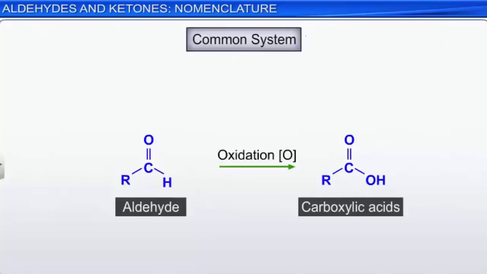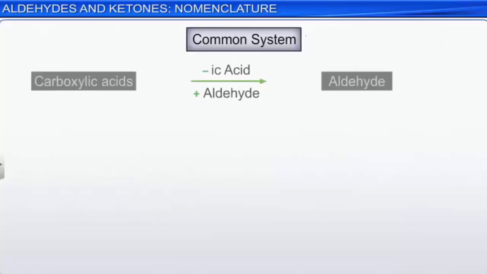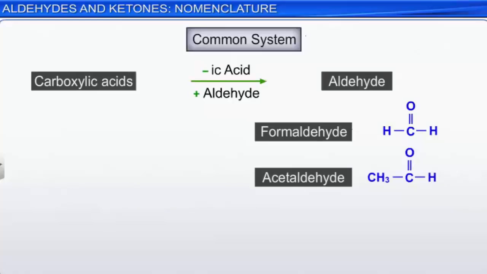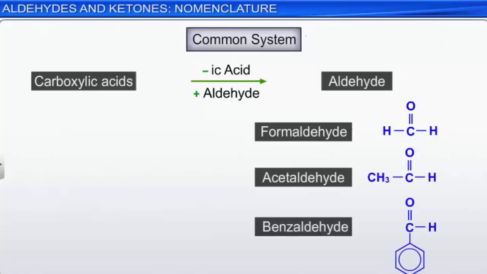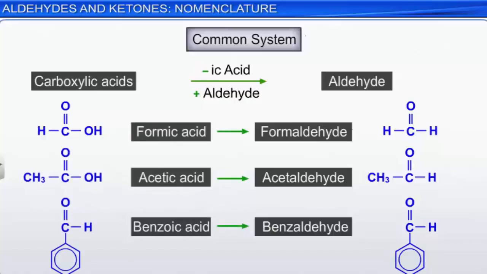They are named by replacing the -ic acid of carboxylic acid by aldehyde. Thus, the aldehydes formaldehyde, acetaldehyde, and benzaldehyde are named after formic acid, acetic acid, and benzoic acid respectively. As you can see, they are named by replacing the suffix -ic acid with aldehyde.